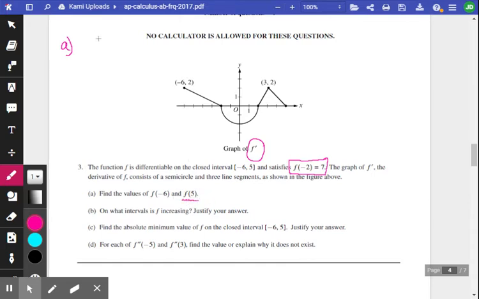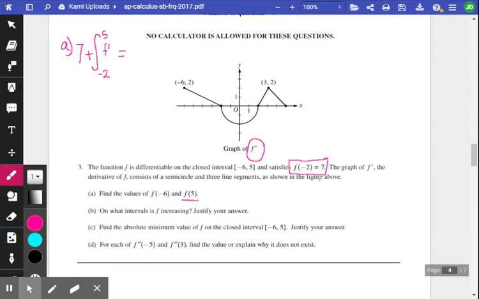If I integrate f prime from -2 to 5, I'm going to get how much change there is in f from -2 to 5. These are x values, -2 to 5. Well, if I can find out how much change there was from -2 to 5, I can add that amount of change on to 7, because 7 is where I start.